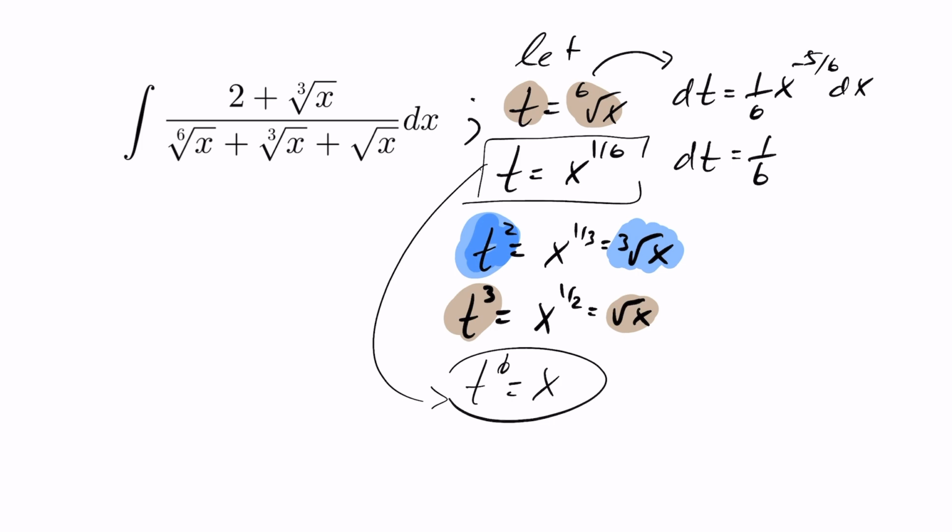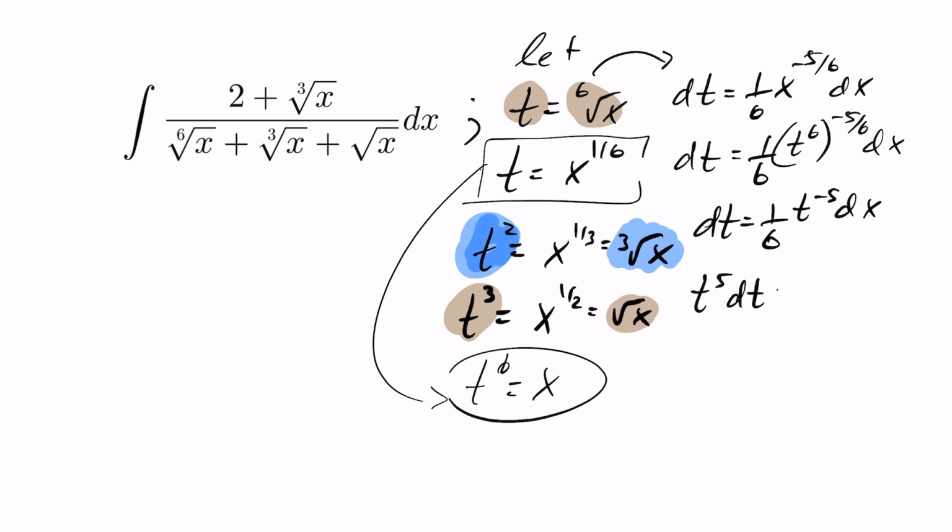So I can replace this x with t to the power of 6, and that'll all be to the negative 5/6 dx. Therefore, dt is going to equal 1/6 t to the negative 5 dx. Multiply across by t to the 5, I'm going to get t to the 5 dt equals 1/6 dx. And finishing this off, I know that 6t to the 5 dt is equal to dx.